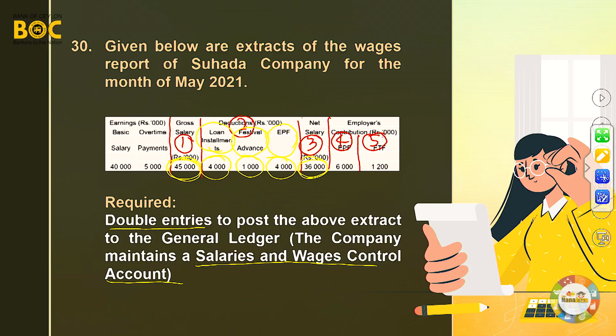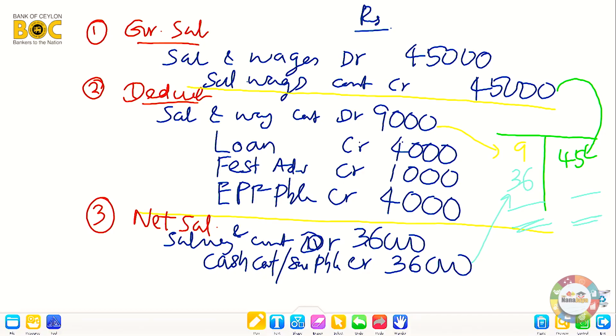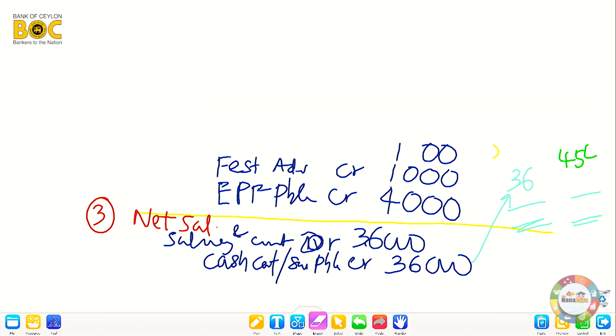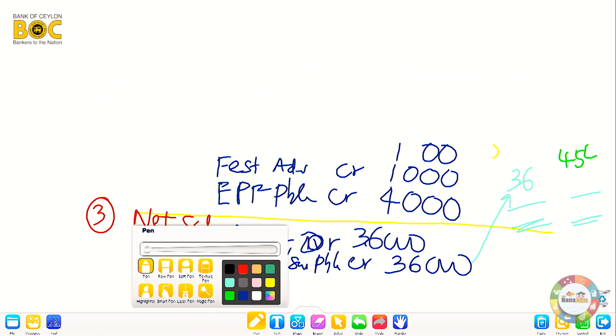And the fourth entry, you have EPF contribution by the employer. What is the double entry?